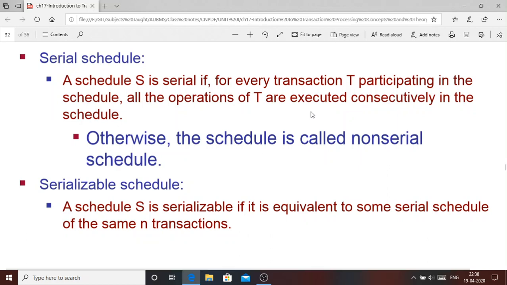But this is not a very practical approach, and when there is simultaneous or concurrent execution of the transactions, the operations within the transactions are bound to interleave. So from the correctness point of view, serial schedules are good, but from the efficiency point of view, serial schedules are not efficient, basically because there is no interleaving of the operations.